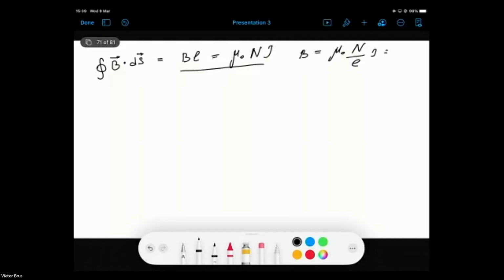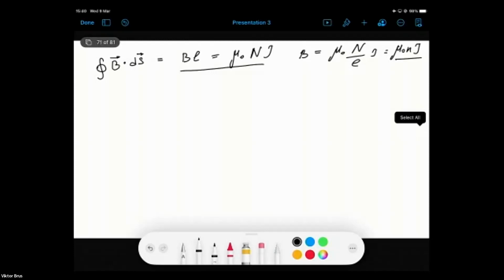So we can denote this with small n, and it will be mu naught times n times I. So that is the expression for the magnitude of the magnetic field inside the solenoid, taking into account the current distribution provided by the solenoid configuration, which we can easily determine by applying this Ampere's law approach.